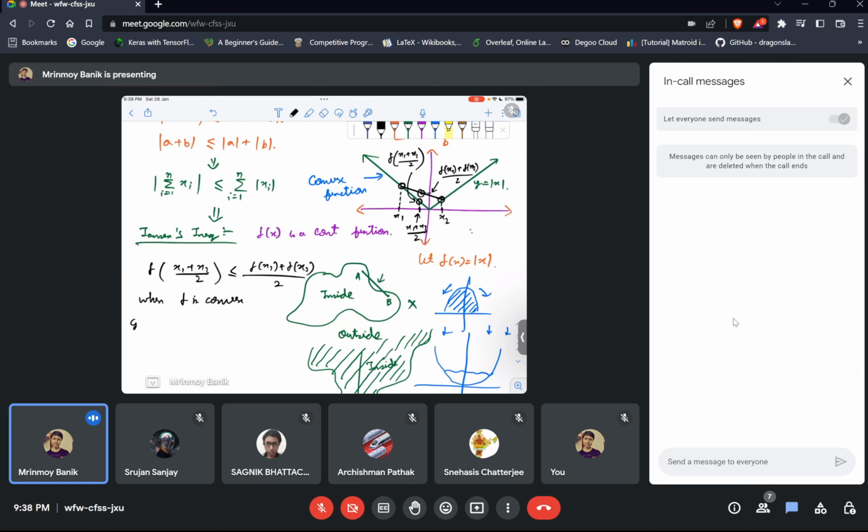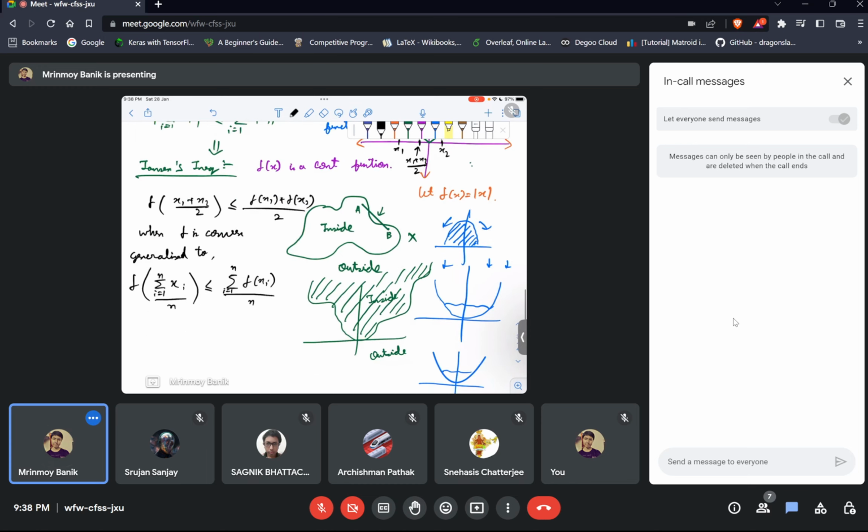This can be generalized to f of the sum over i runs from 1 to n of xi by n, less than or equal to the sum over f(xi) by n.